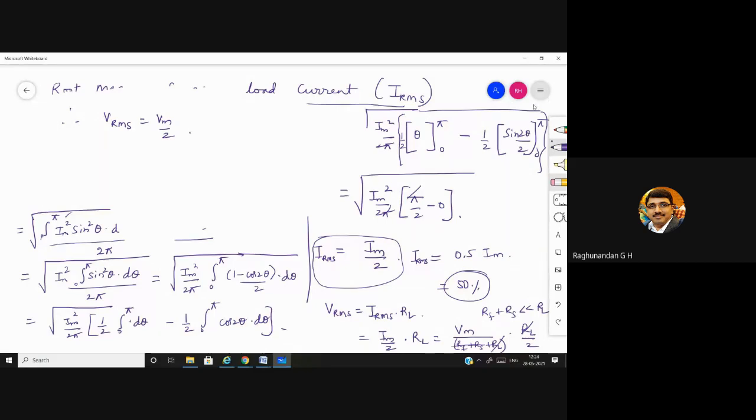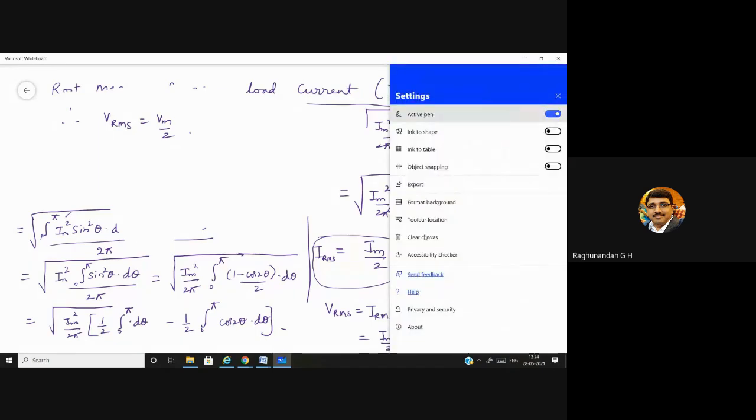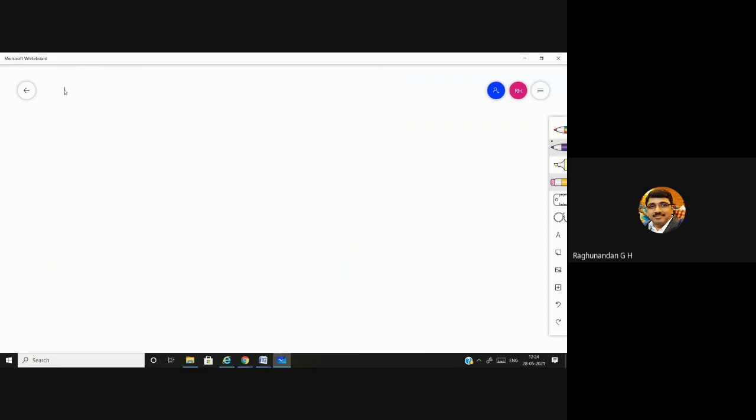After this, the next derivation is on ripple factor. So for ripple factor, as I told, ripple is the presence of AC component in DC output.